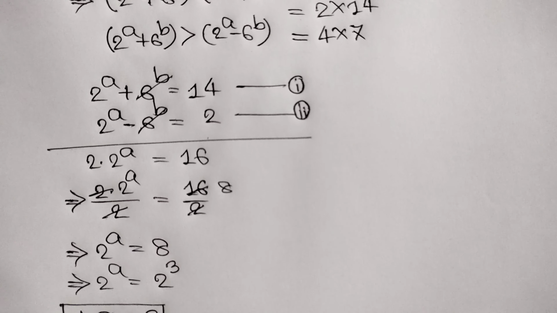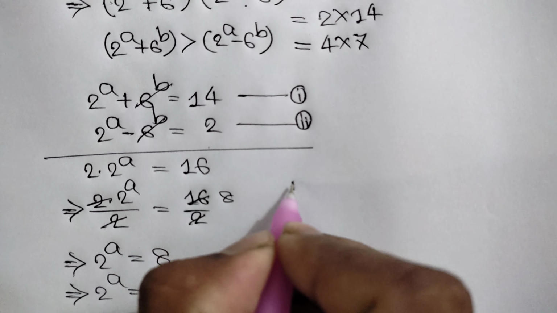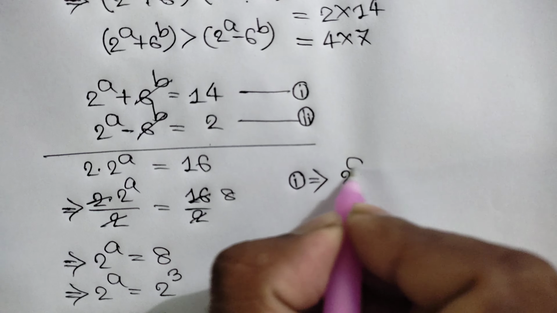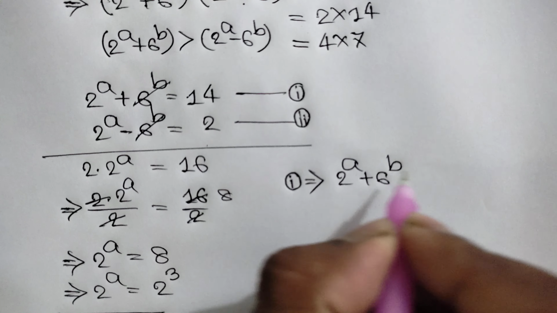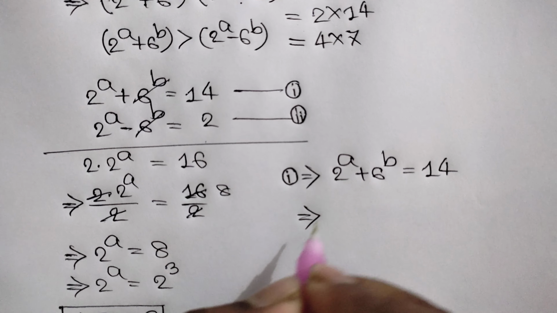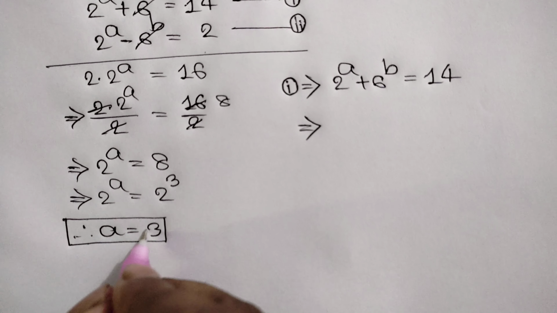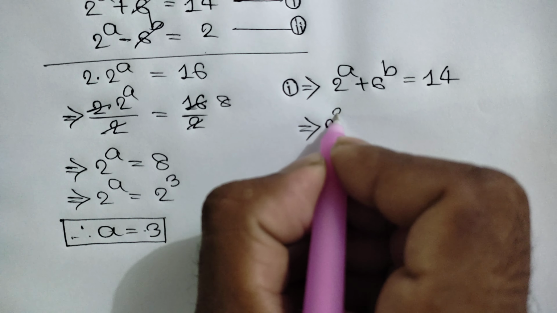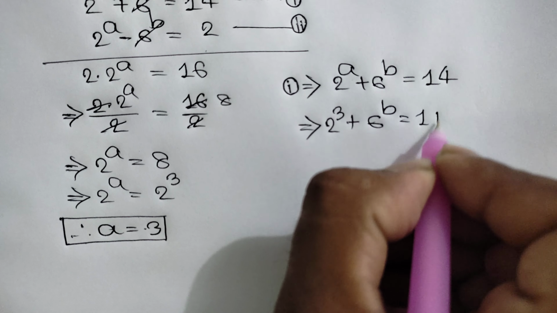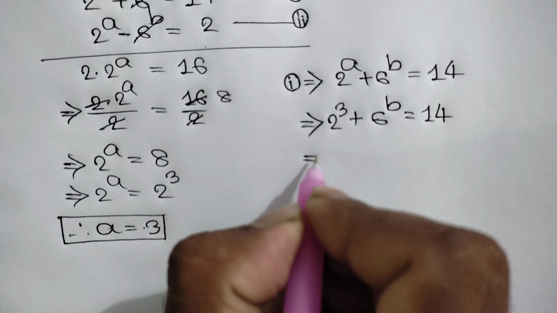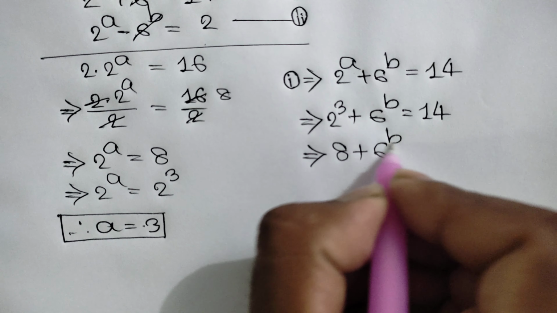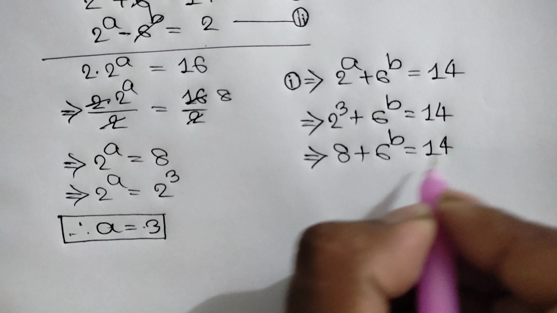Now recall equation 1: 2 to the power a plus 6 to the power b is equal to 14. Here a is equal to 3, so we can write 2 to the power 3 plus 6 to the power b is equal to 14, or 2 to the power 3, that means 8, plus 6 to the power b is equal to 14.